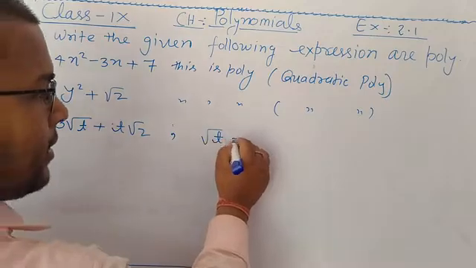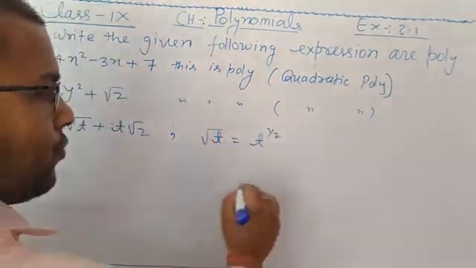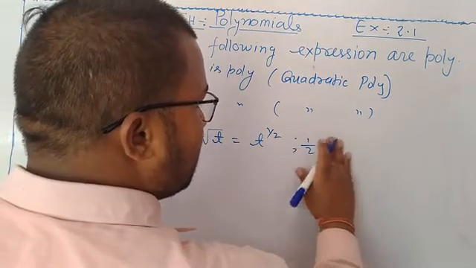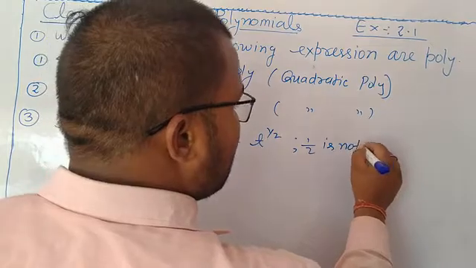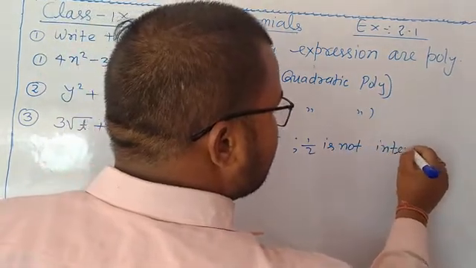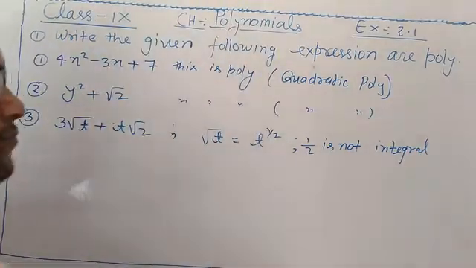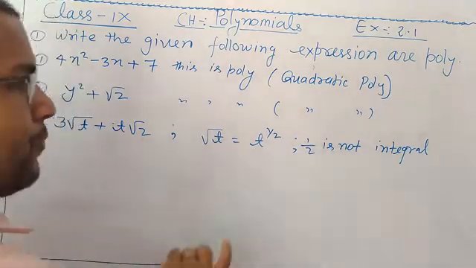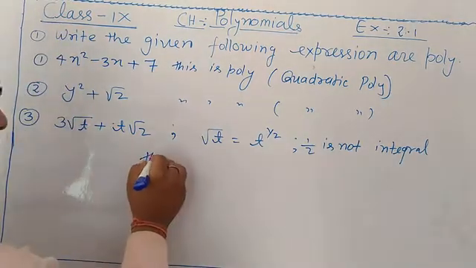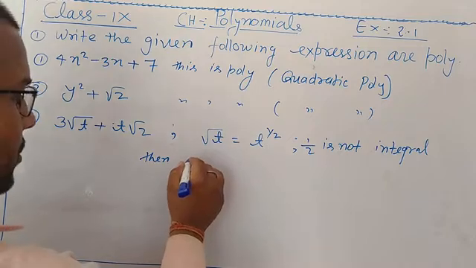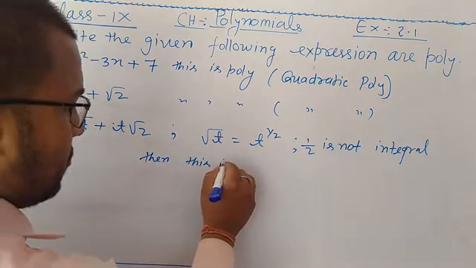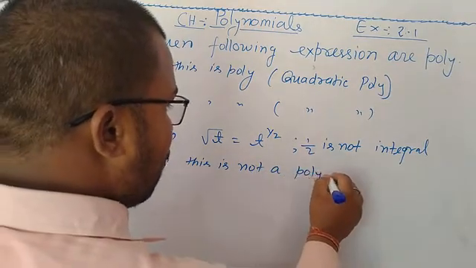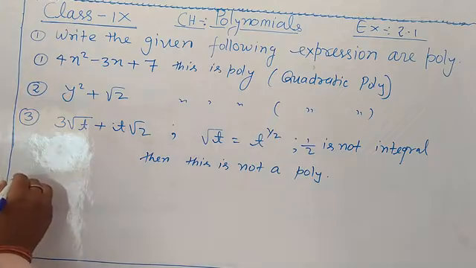The root t is t to the power 1 by 2, and 1 by 2 is not an integer, which means 1 by 2 does not belong to the natural numbers. Then this is not a polynomial.